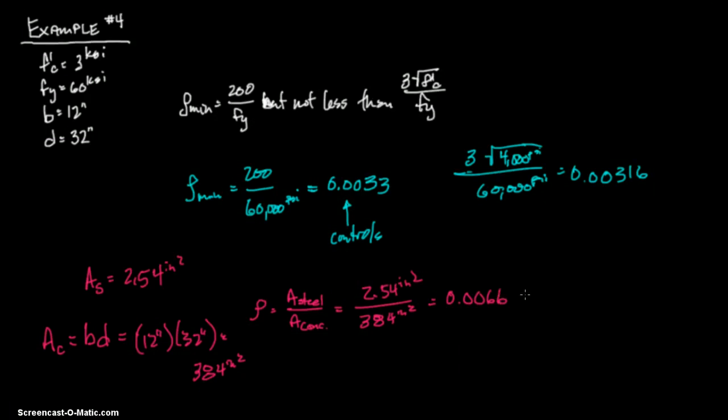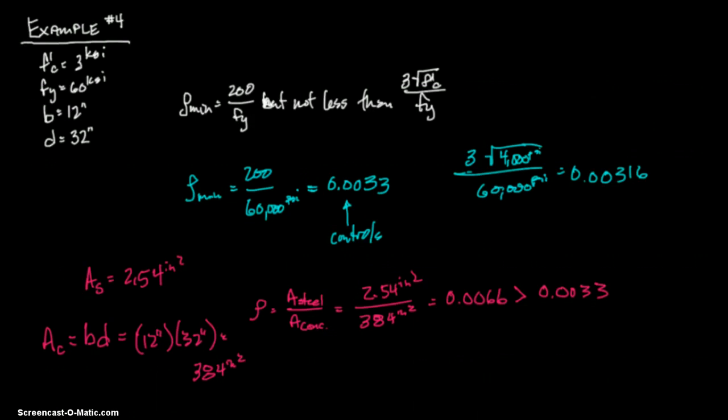They did it a different way, but as you can see, 0.0066 is greater than 0.0033, which was our minimum. So we're good. We know that the reinforcement used exceeds our minimum ratio of steel, and we're good to go.